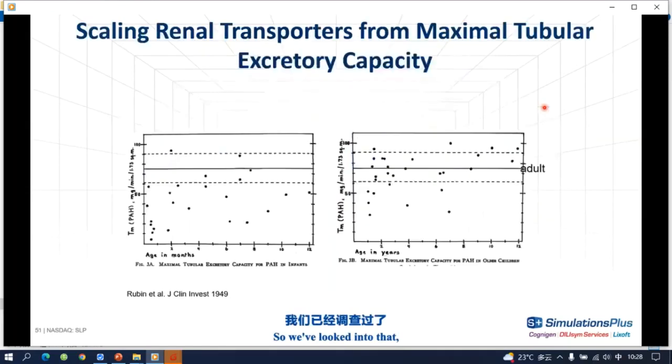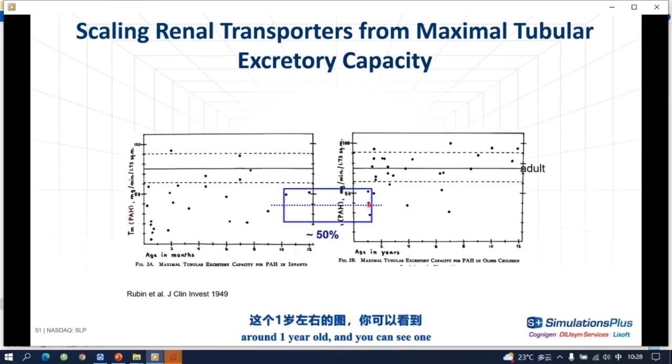So this is where we looked into para-aminohippurate, and asked, can we infer from the changes in clearance of that compound what might be happening with the transporters in the kidneys in general? If we look at this plot around 1 year old, you can see one thing is there is a lot of variability. So it's not an exact calculation. It's really more of a guesswork as to what range we have more of those points.